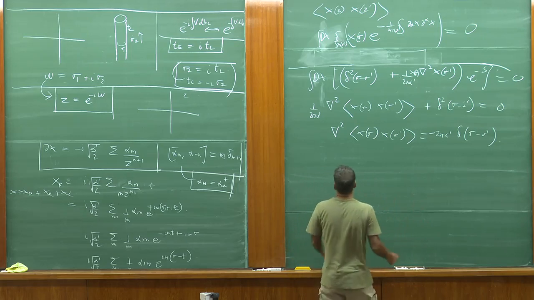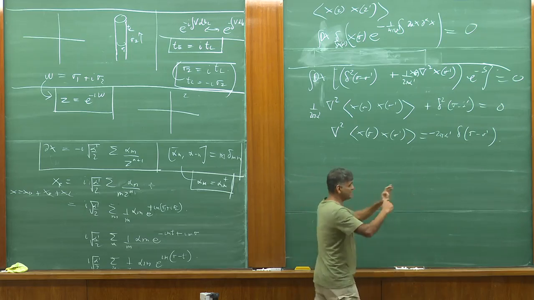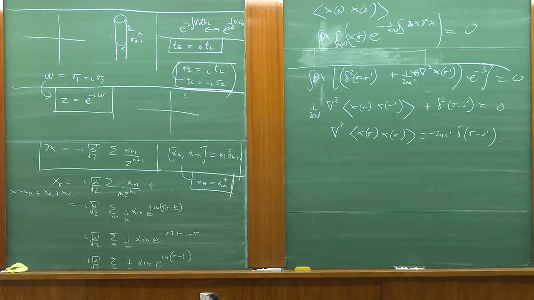So we can turn this into a Gauss law kind of thing. So the integral of the electric flux. Del squared is del dot del of x.